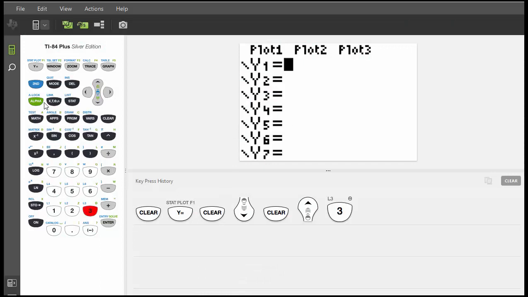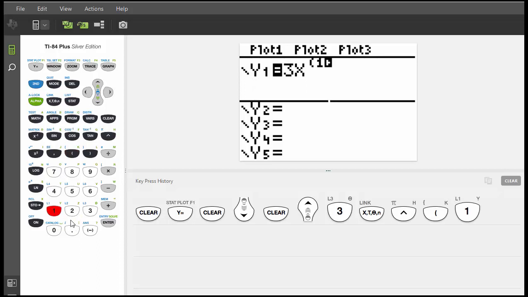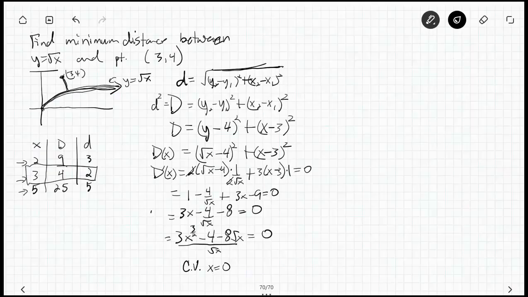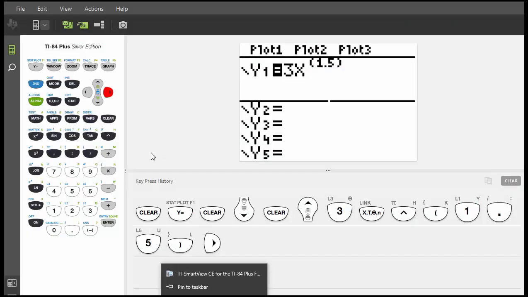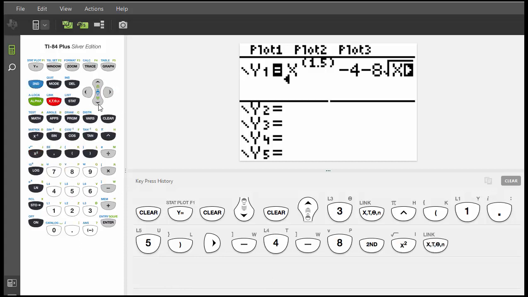So 3x to the, I'm going to go 1.5, because it doesn't really matter. And then drop down: minus 4 minus 8 root x. So minus 4 minus 8 second square root of x. And then let's graph it.